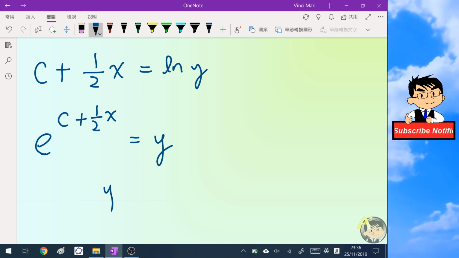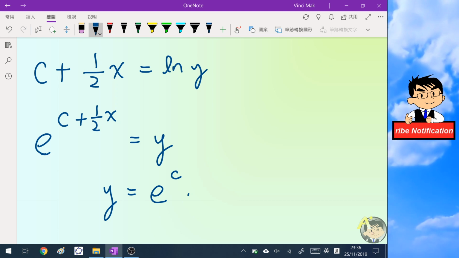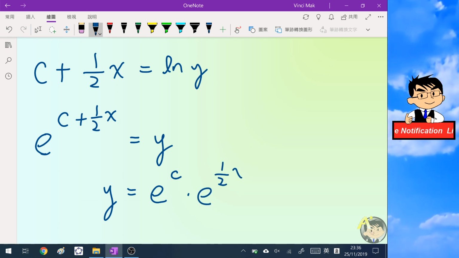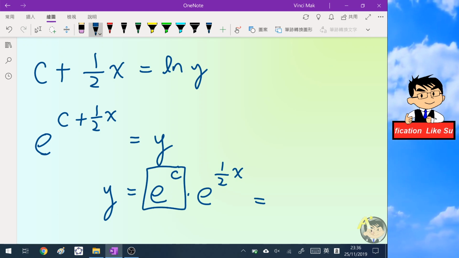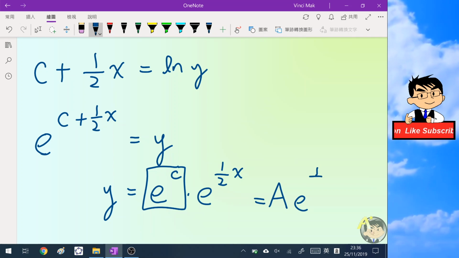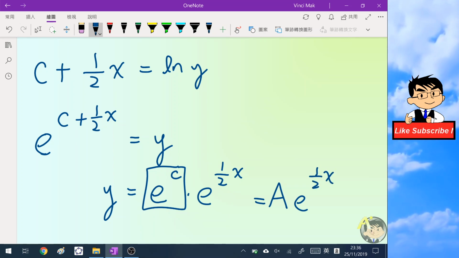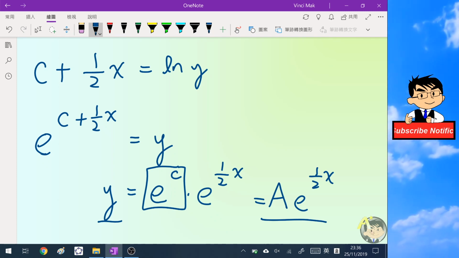So y becomes e to the power of c times e to the power of half x. I can replace e to the power of c by another constant, a, times e to the power of half x. Now we have already solved y as a function of x.